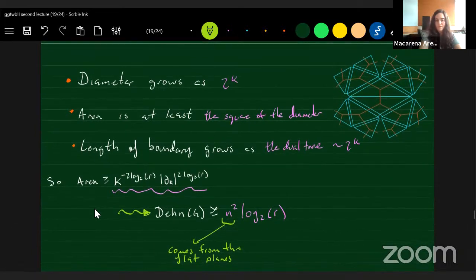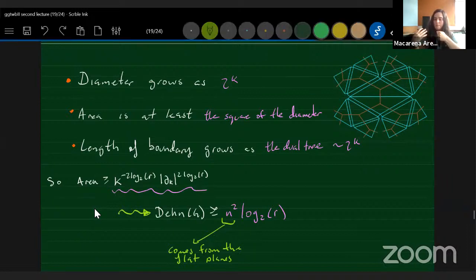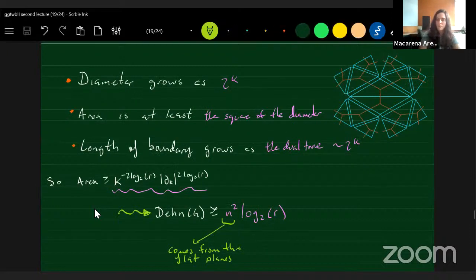It comes from the fact that the vertex groups in our graph of groups are tori. And this is going to be the same not only in these examples, but in general in the Snowflake groups. The base of the logarithm has to do with the growth rate of the dual tree.